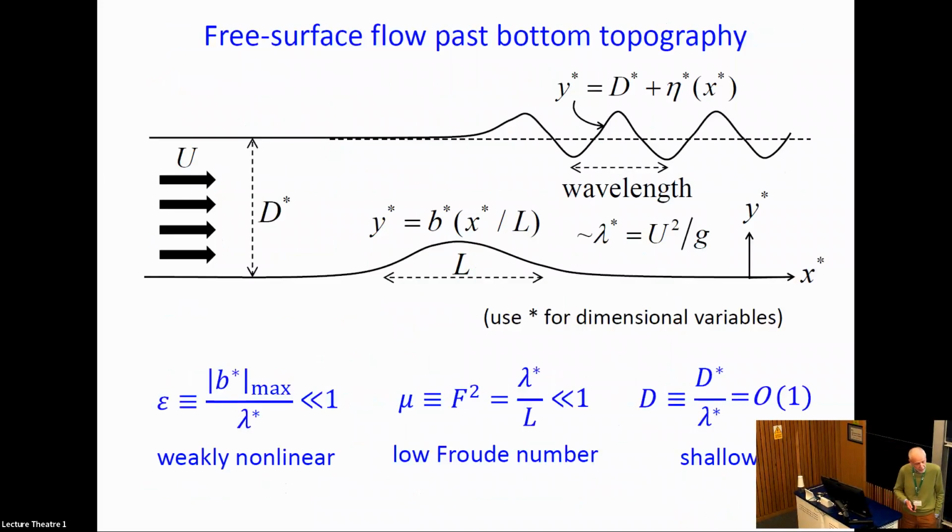Now, if you go to free surface waves, I'll show you flow past bottom topography. This is the usual geometry where you have a uniform stream, encounters topography, and you have waves downstream. The star variables have all dimensions, and this is the characteristic length scale for the waves, u squared over g.